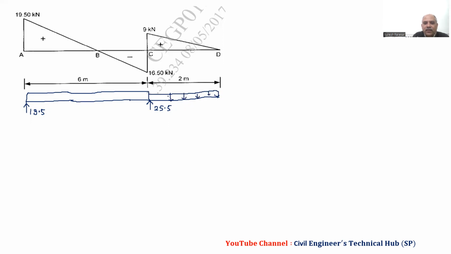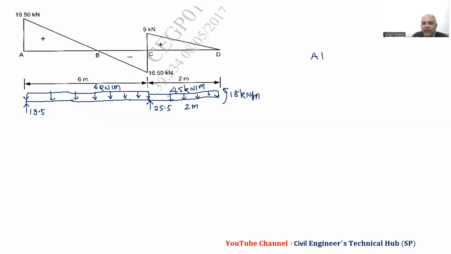We have 4.5 kilonewton per meter, and this is 2 meter, and then we have this as 6 meters, and UDL 6 kilonewton per meter. Now we have to find out the maximum value, the bending moment. So we have this as 18 kilonewton meter moment.